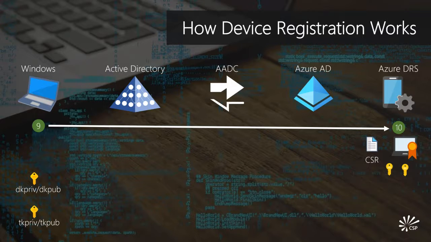The private key of the device key pair is then used to sign the CSR and the ID token that was given to it from Azure AD. And then Windows sends those both back up to Azure AD, or the Azure Device Registration Service, but also includes the public key along with that. So it uses the private key to sign the CSR and the ID token and sends that with the public key up to Azure.